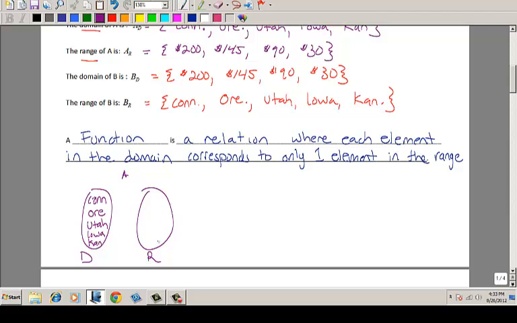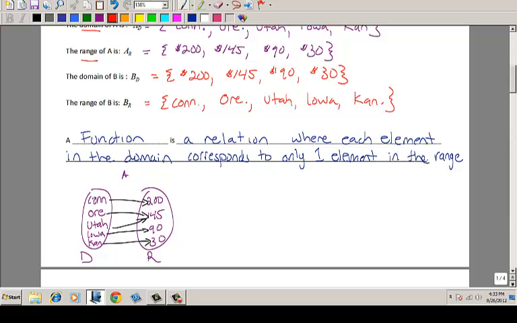And the range of relation A is $200, $145, $90, and $30. Now, when we are in Connecticut, we know that we will get a fine of $200. So Connecticut maps to $200. Oregon maps to $145, as does Utah, Iowa to $90, and Kansas to $30.